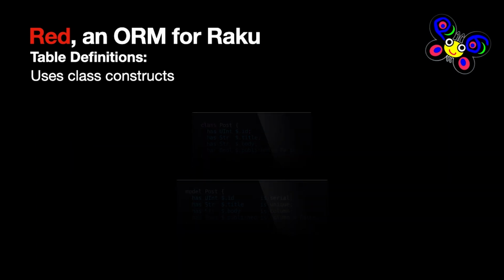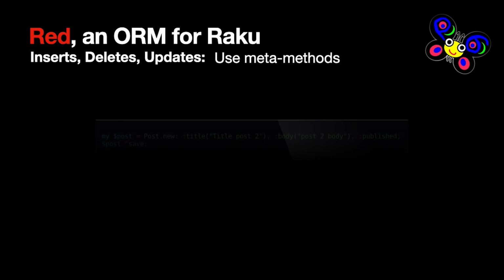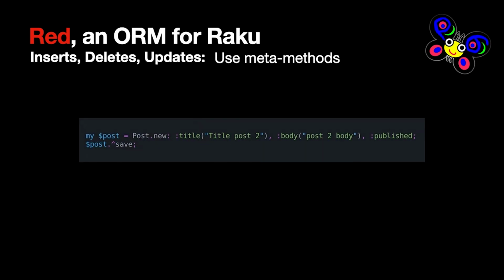For inserting, deleting, and updating rows, meta methods should be used. Red does not add any method on your models, but it changes its meta class. So every method for interacting with the database from models is a meta method.